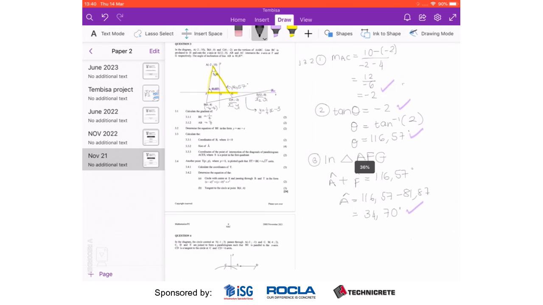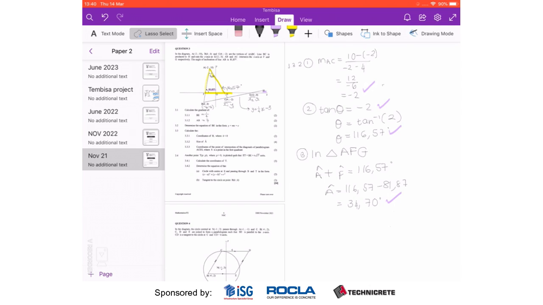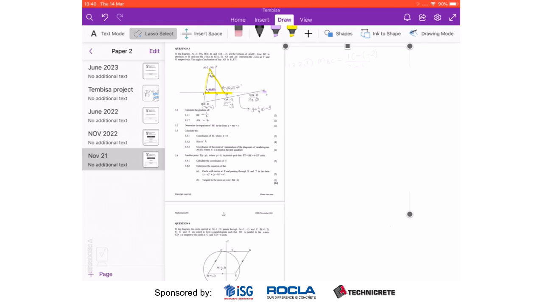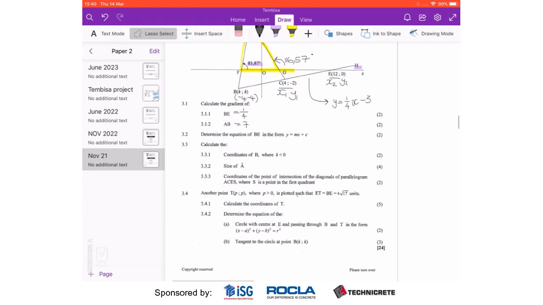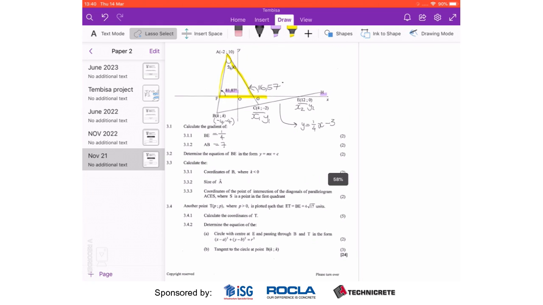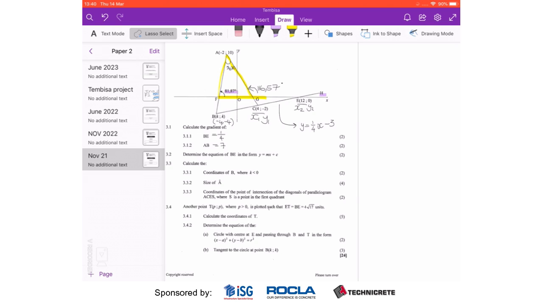Okay, now let's move to our next question. Okay, the next question says that they want the coordinates of the point of intersection of the diagonals of a parallelogram ACES, where S is a point in the first quadrant.